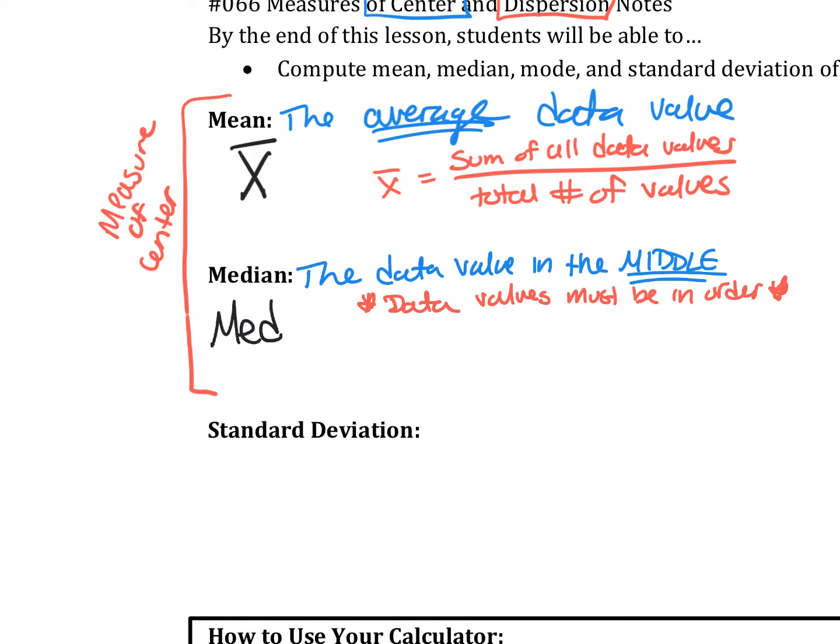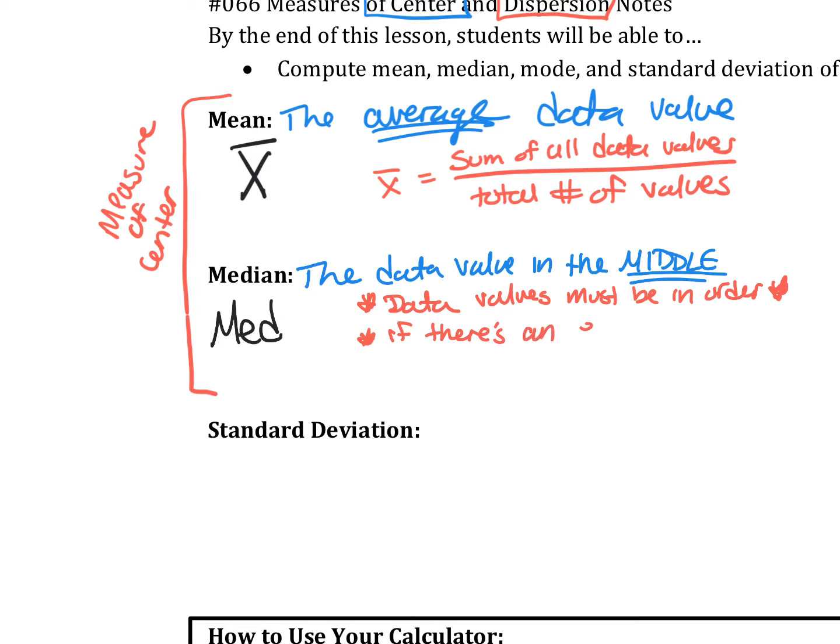So that's only if you're doing it by hand. If you're typing the values into your calculator, you don't have to put them in order. Your calculator will do that for you. And then also, if there is an even number of data values, that means there's going to be two values that are in the middle. And again, this is just if you're doing it by hand, your calculator will do all this. But if you have two data values in the middle for an even number of data values, you would take the average of those two middle values.